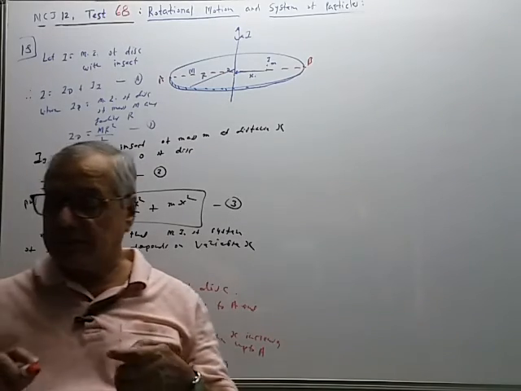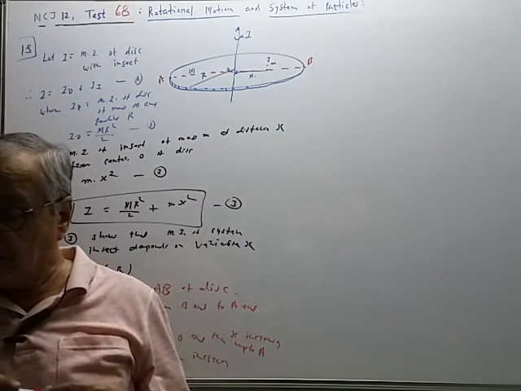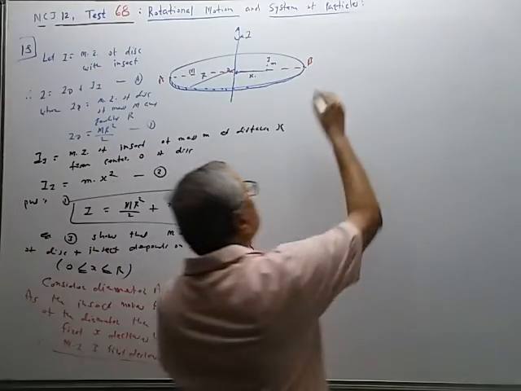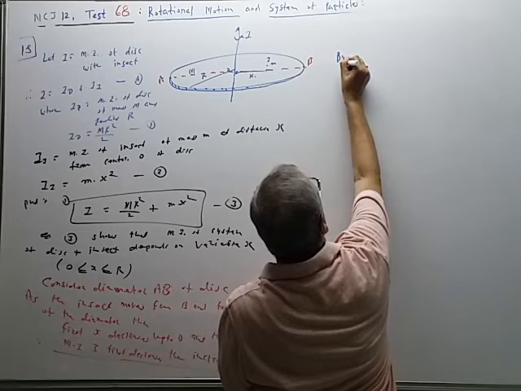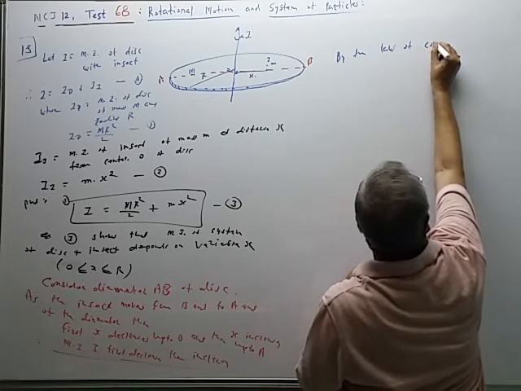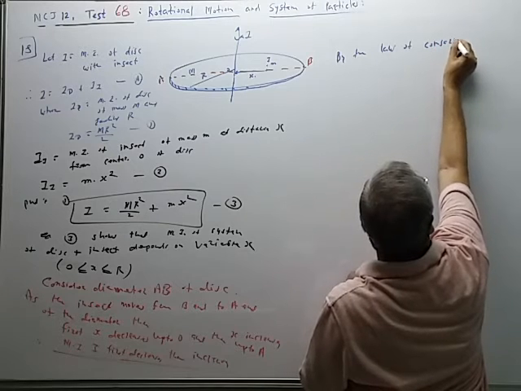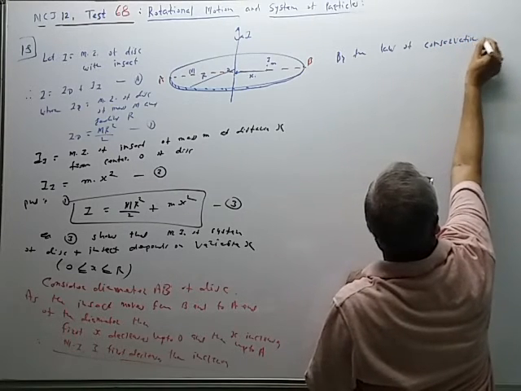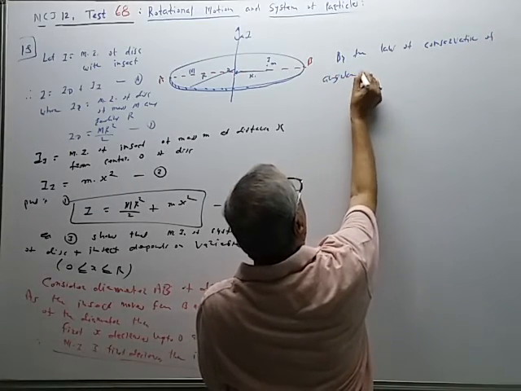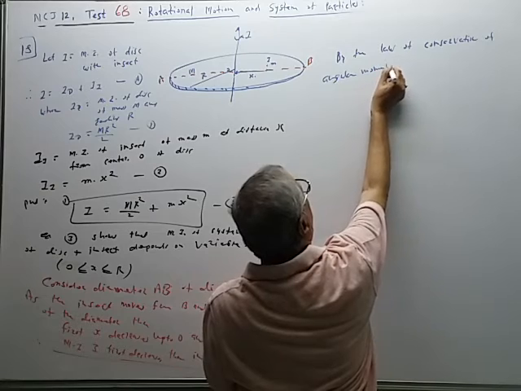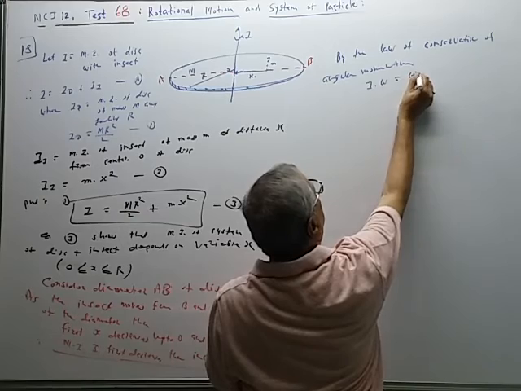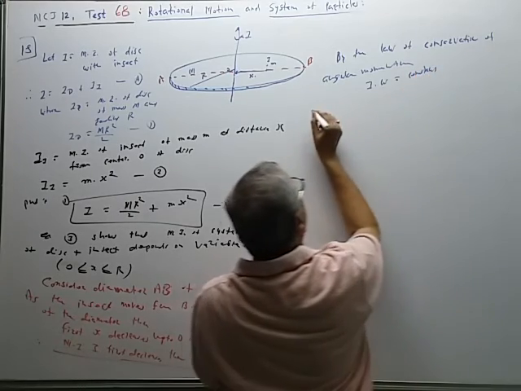What change have we been asked about? The angular speed. By the law of conservation of angular momentum, I into omega is equal to constant.